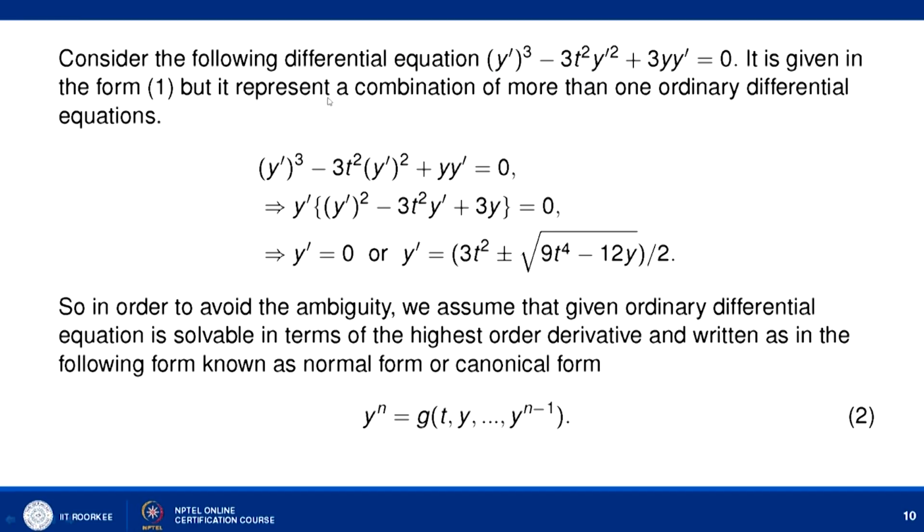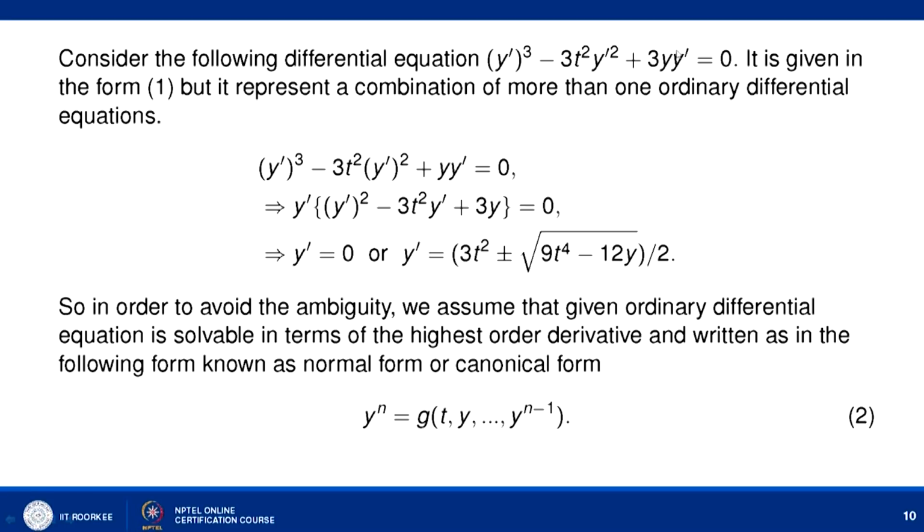Consider this differential equation: y dash cube minus 3t square y dash square plus 3y y dash equal to 0. If you look at it, this is a relation between what? Here t is present, y dash is there, y is there. So, this is a relation between t, y and y dash. So, it is a differential equation of order 1.